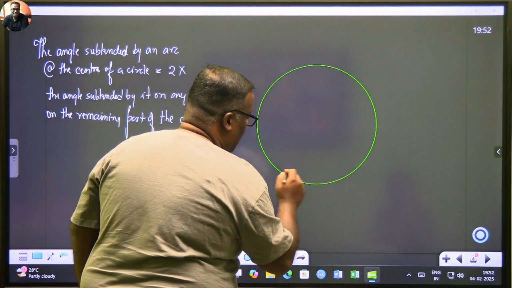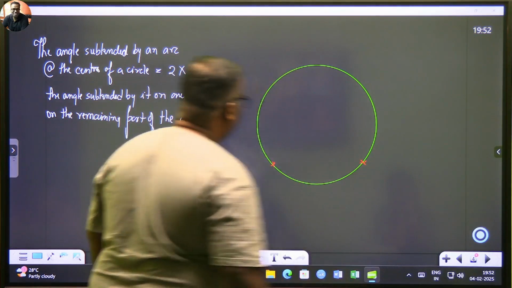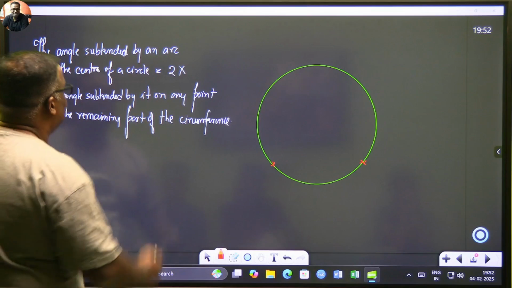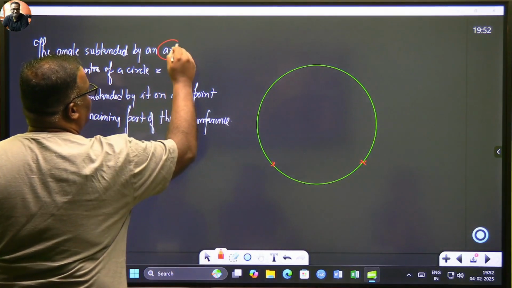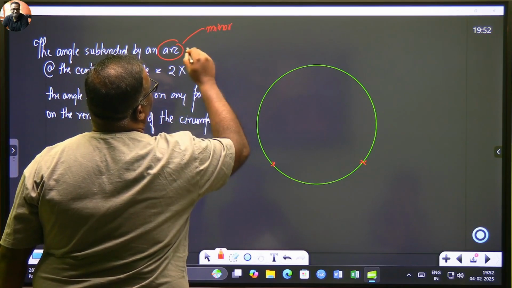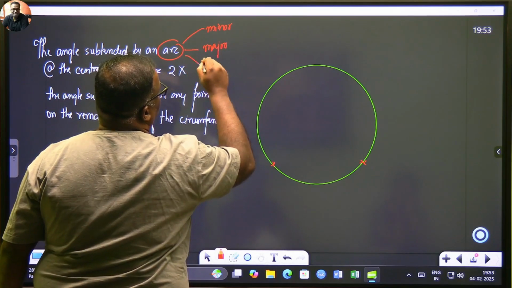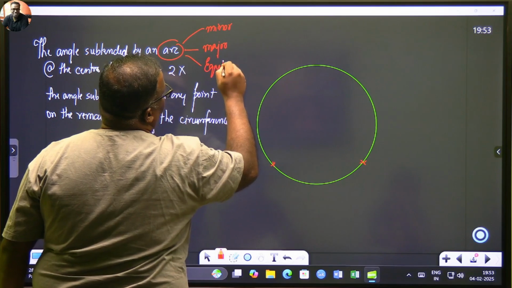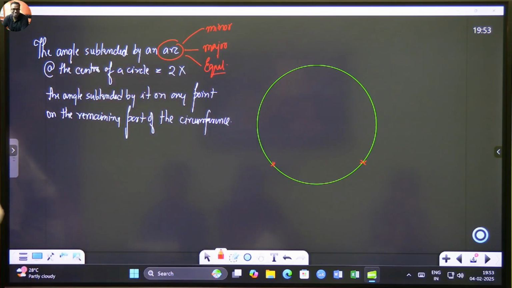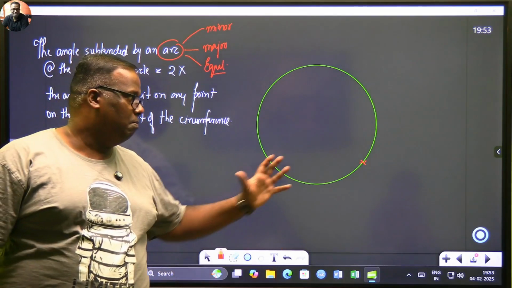And arcs can be of many types: major arc, minor arc, equal arc. That means this theorem should be studied for a minor combination, for a major combination, and also for an equal combination. Right? Arcs can be of 3 types: major arc, minor arc, equal arcs. So let's start with the very simple one, minor arc.